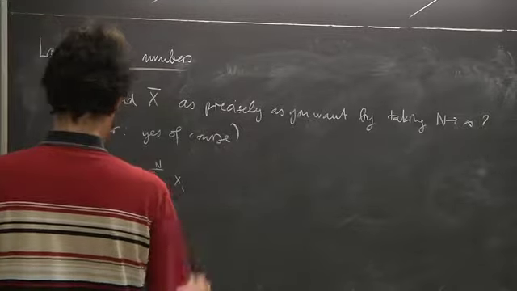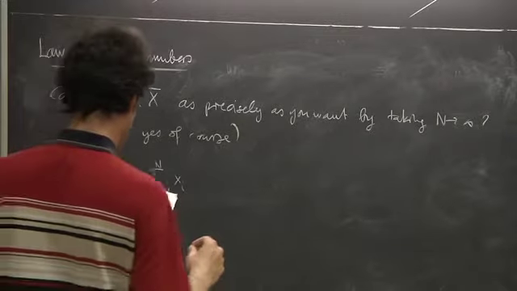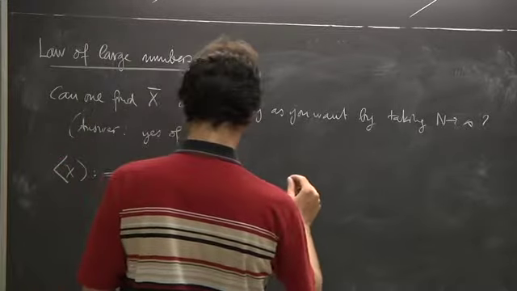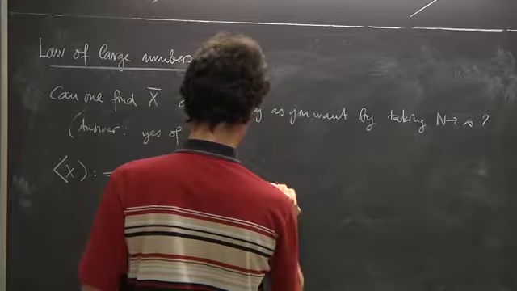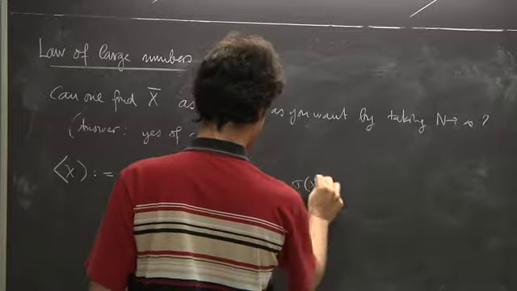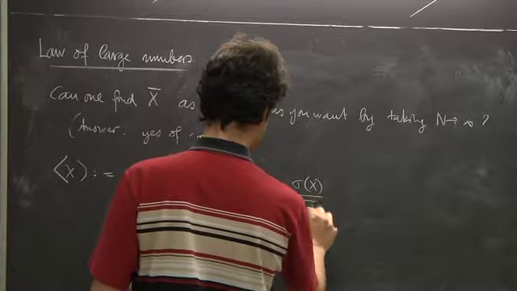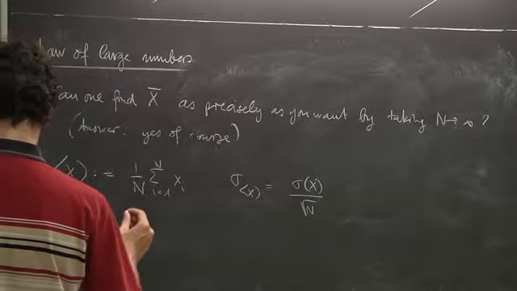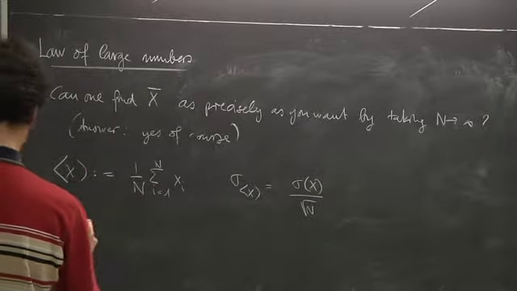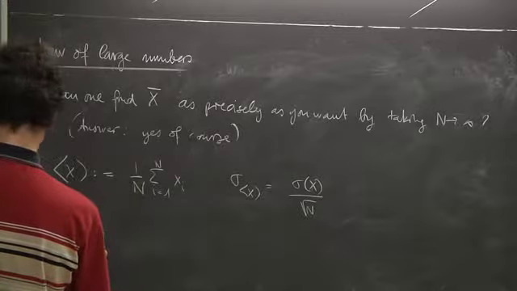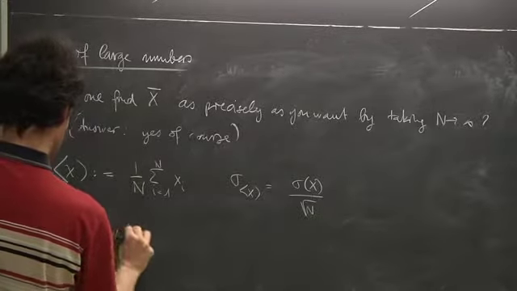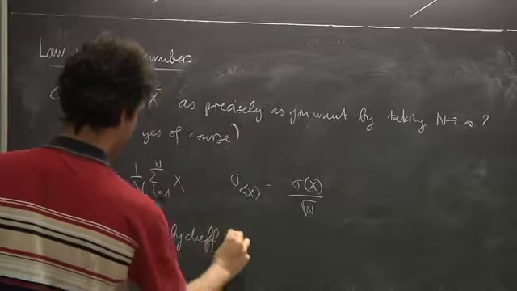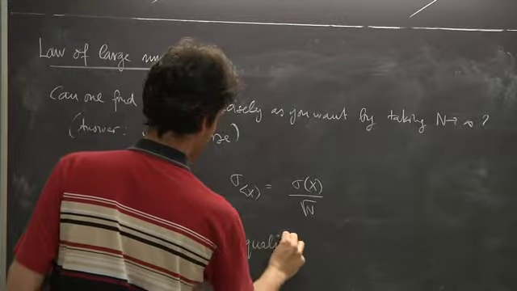Let's again consider our estimator of the average. What we showed is that the sigma of this x average is equal to sigma of x divided by square root of n. Now there's a very simple theorem that you can prove, and that goes under the name of Chebyshev's inequality.